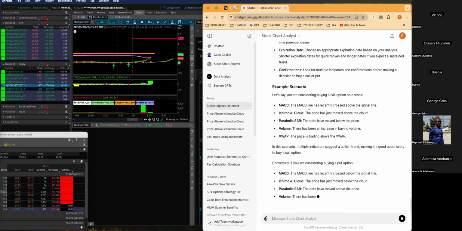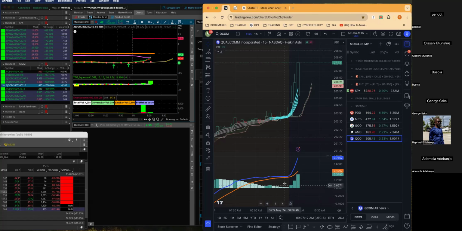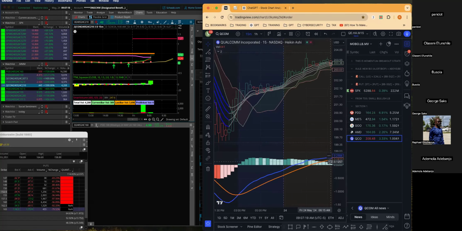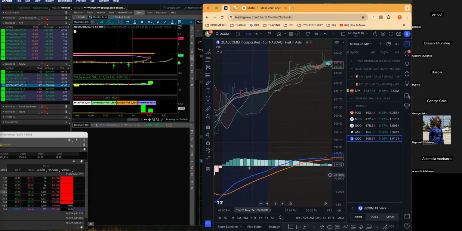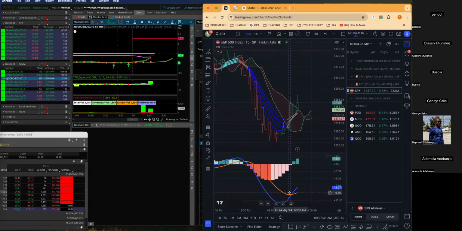The key thing is the MACD line has generally crossed above the signal line, and that happened right here. The previous crossing happened last night, pre-market, after market, and it continues. This is SPX, a recent crossing of the MACD, with the price going above this.